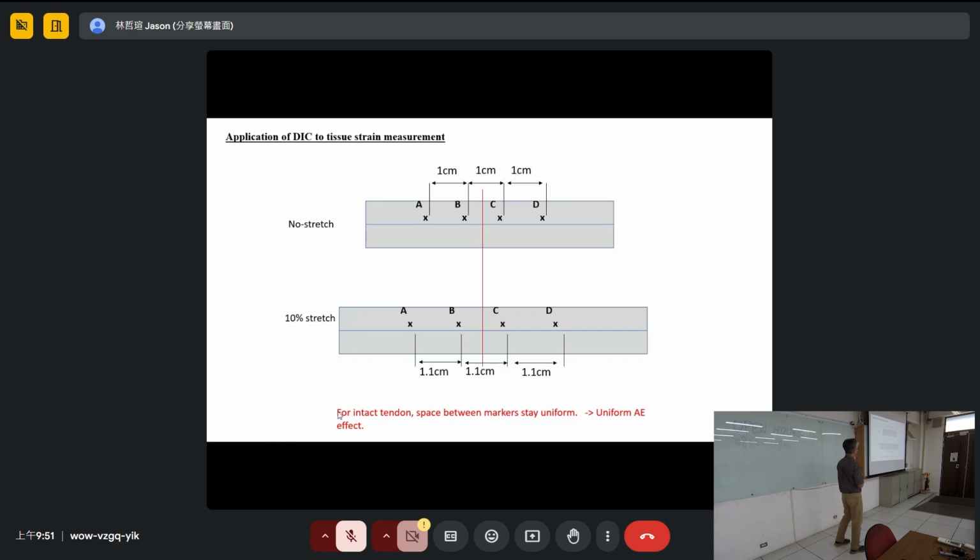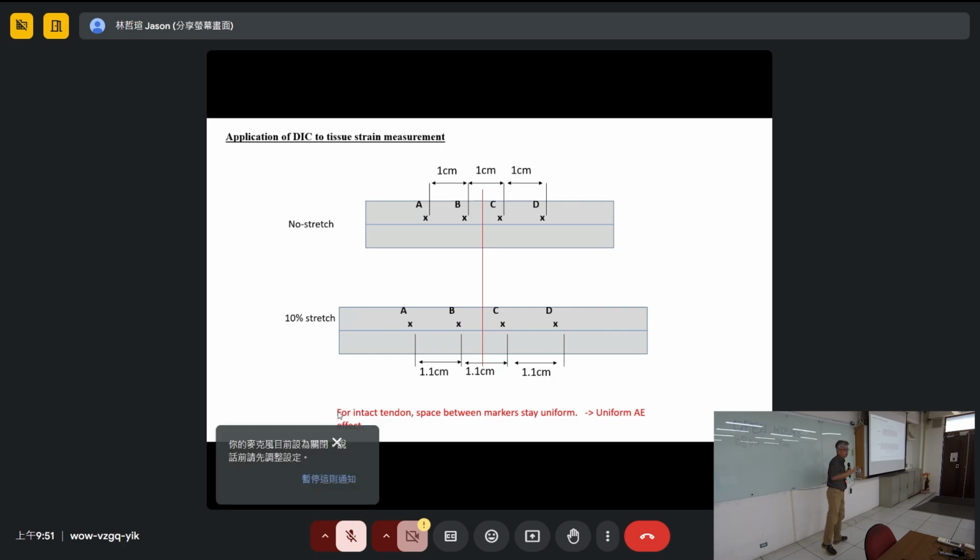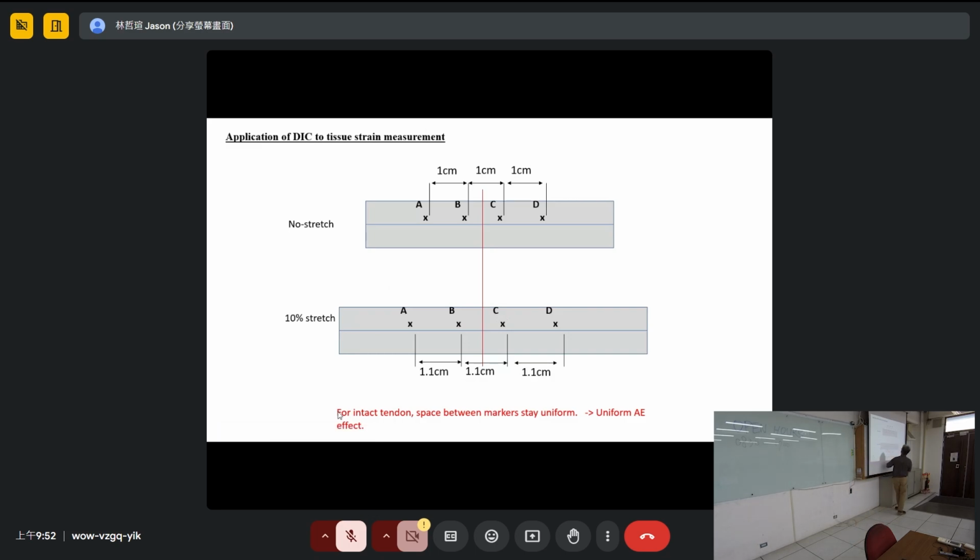In my case, I apply it to analyze the video image captured from gradually stretching tendon. Good? To find out the strain and stress. Okay? Right, so here's the example. You can view this as a rubber or human tendon.